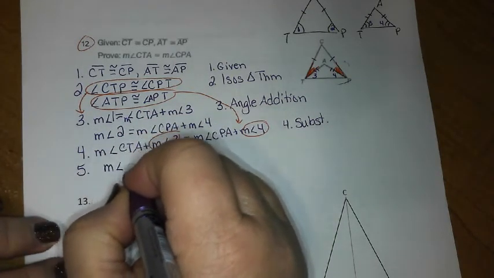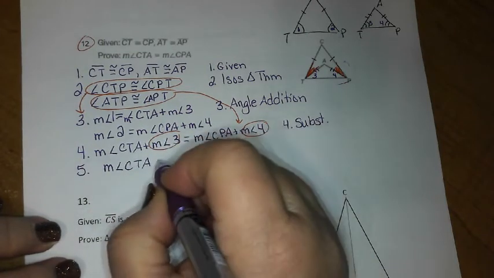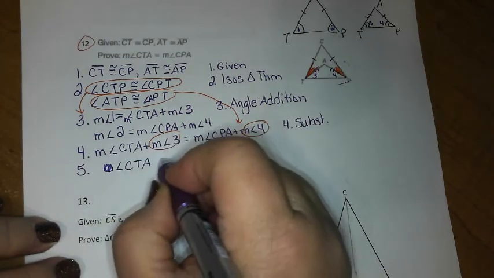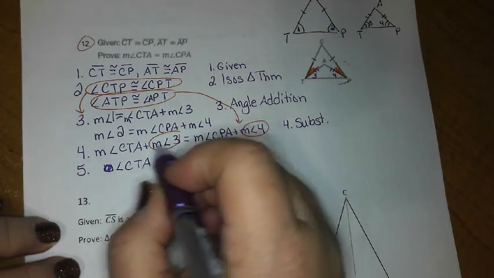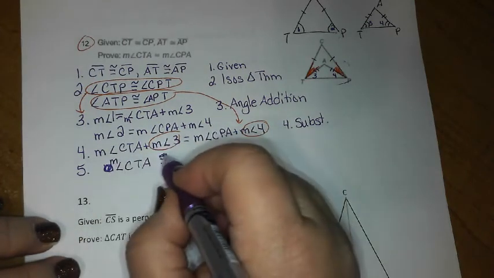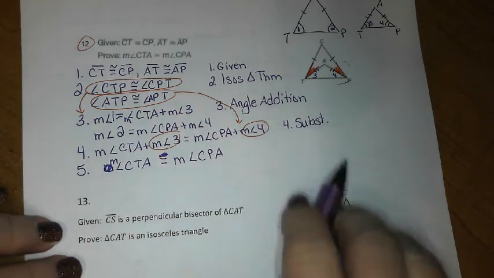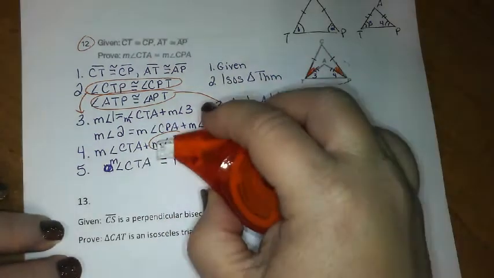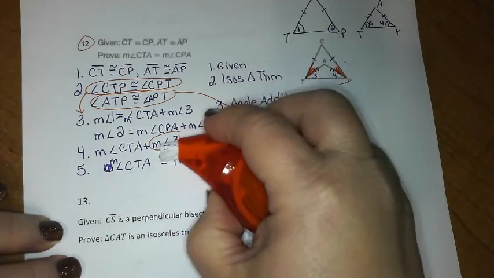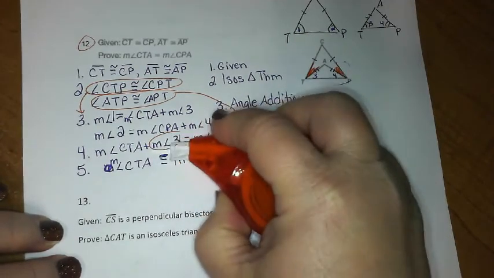I'm going to say that the measure of angle CTA, I guess we can drop the M, well, they did have Ms, equals the measure of angle CPA, because I want to copy the prove, so that I'm proving exactly what they asked me to do.